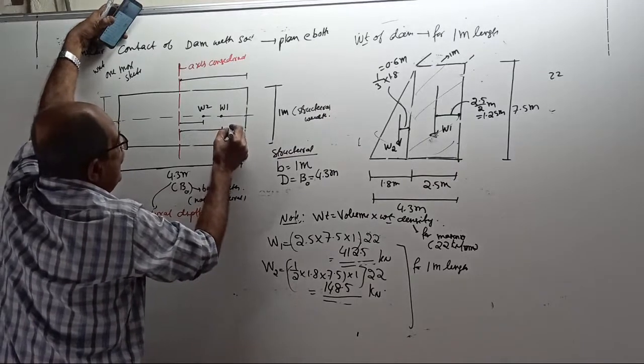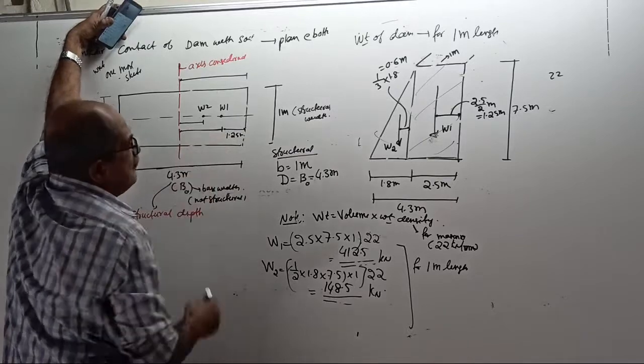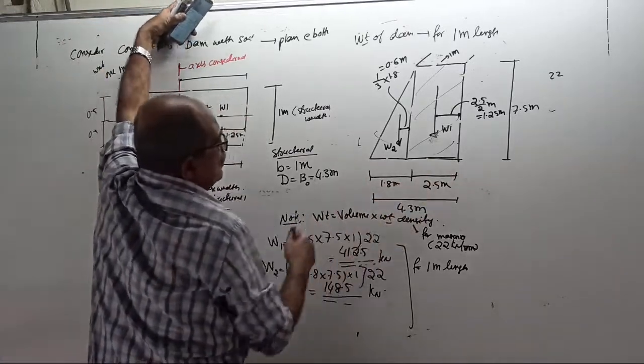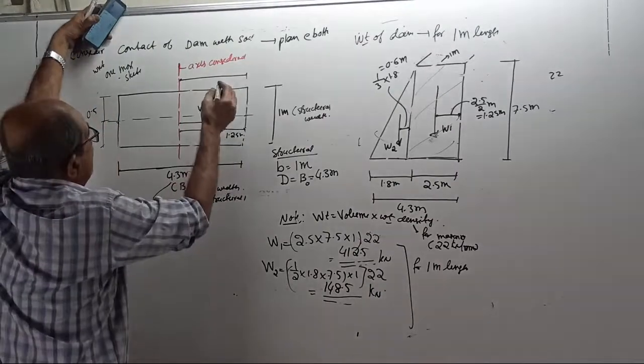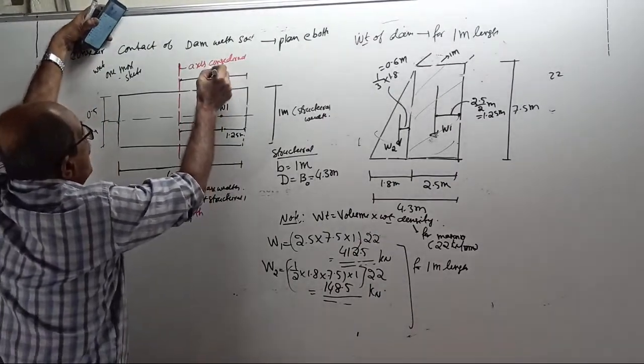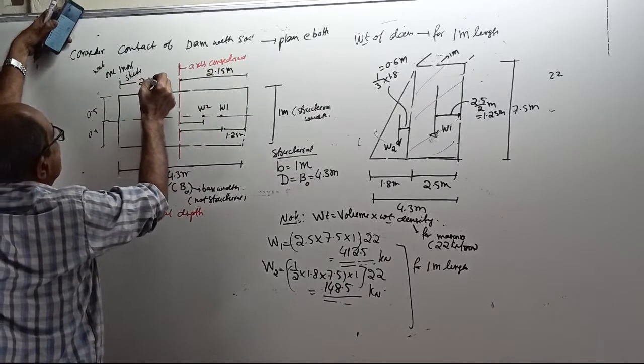From 2.5, this is 4.3 meter, so each half is 2.15 meter.